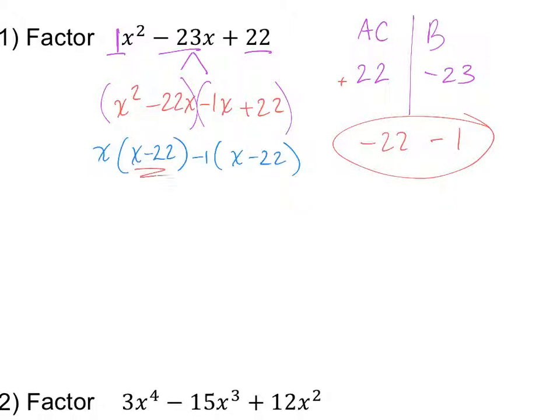And then you realize that you have the x minus 22 as one parentheses and the x minus 1 as the other. If you refoiled it, you would get the same answer. Let's say that you did it this way. That's still correct.